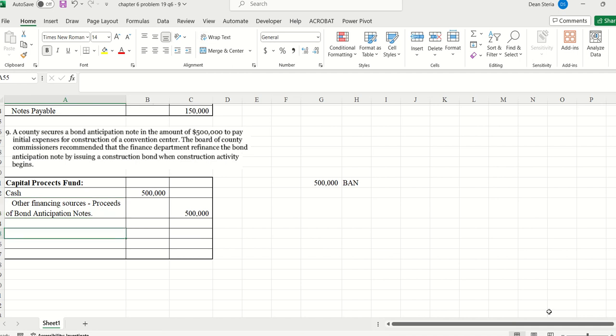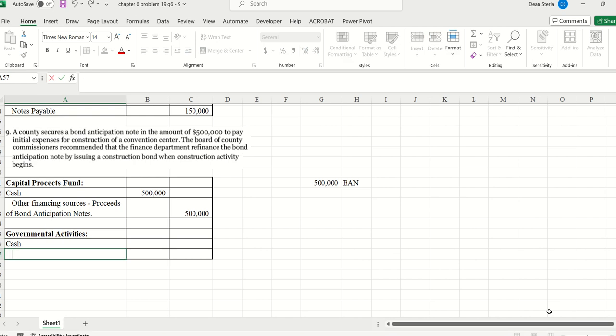And then under the governmental activities, we are going to hit cash because that's what we got.